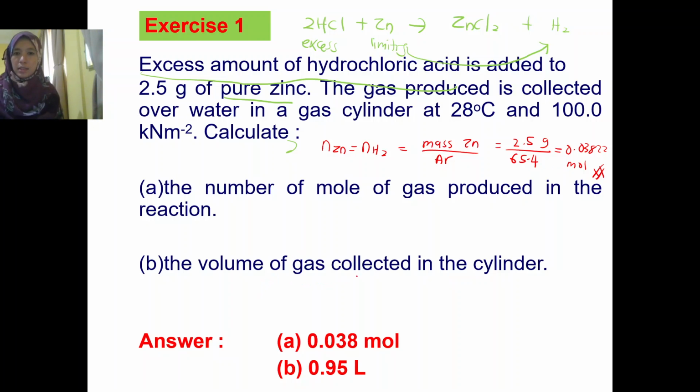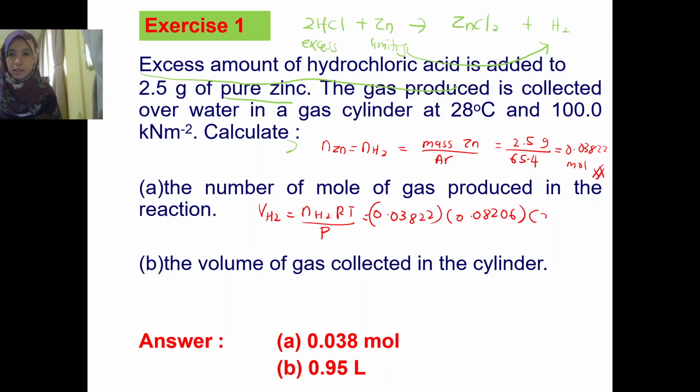Okay, then the volume of gas collected in the cylinder. So we just calculate volume using PV equals nRT because we have mole. So volume of hydrogen equal to mole hydrogen RT over P. So 0.03822, gas constant 0.08206, temperature converted to Kelvin, and divide by pressure. Okay, this one is in kilonewton per meter square, so convert to atm.